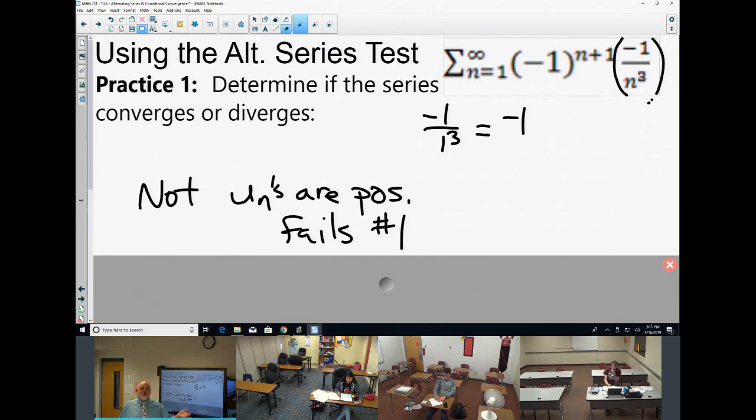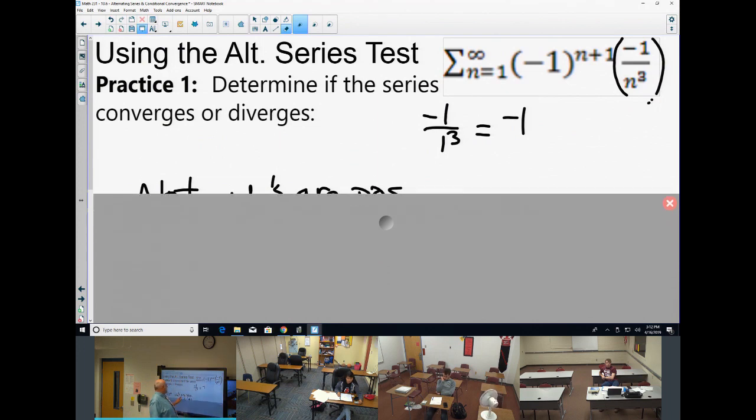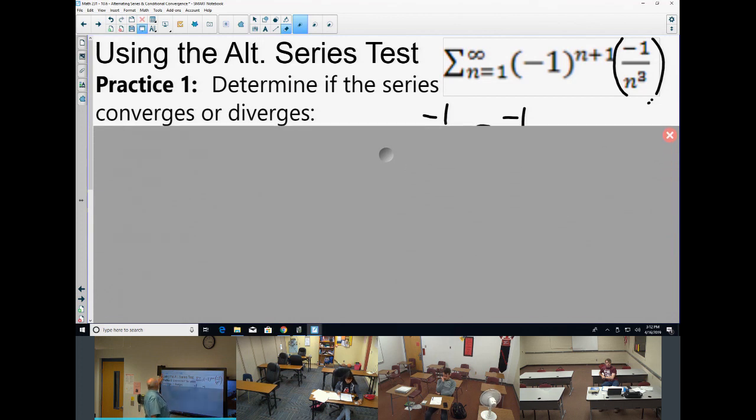So we don't know if it converges or diverges. We just know it fails the test. So then you try to do it another way, like there, I just put the -1 in front.